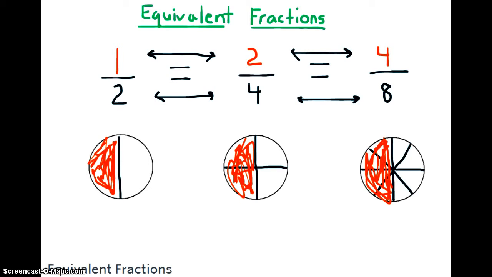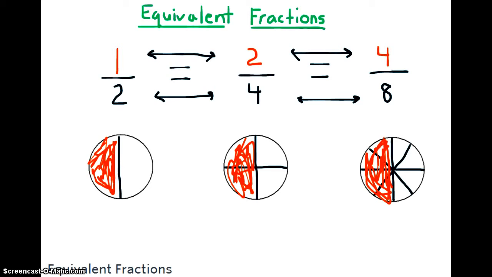So this is possible by multiplying or dividing our denominator and numerator by the same number. Now the key here is that it's the same number. You can see exactly what I mean as we move across the fractions here, right?